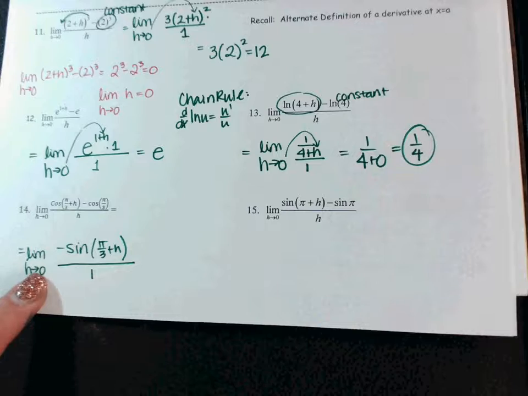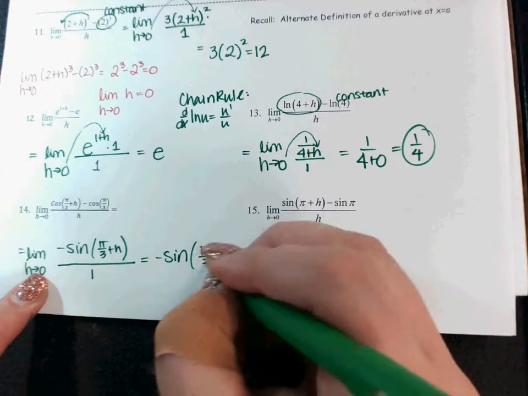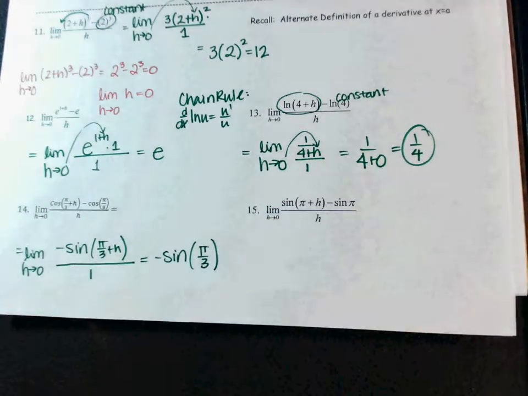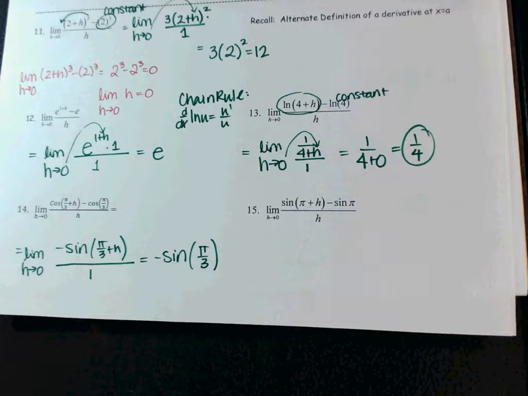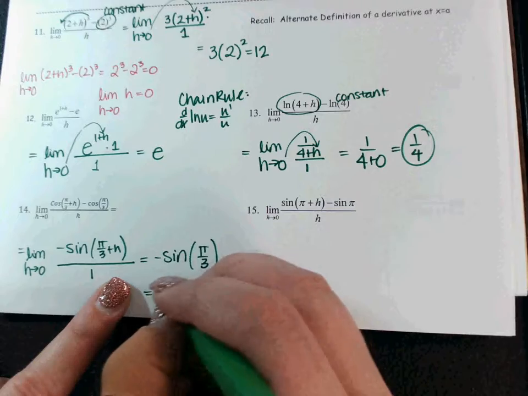What do I get? The negative sine of pi thirds. Because if it's pi thirds plus 0, well then nobody cares, right? Pi thirds is here. What is the sine of pi thirds? Root 3 over 2, so it'll be negative root 3 over 2.